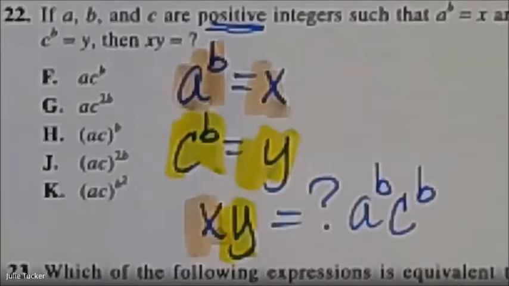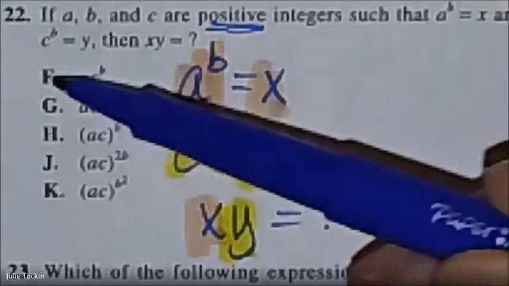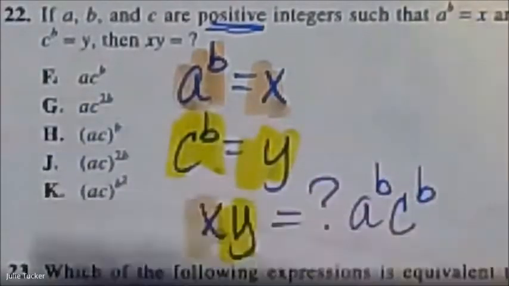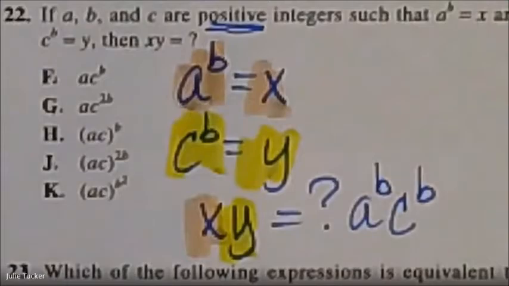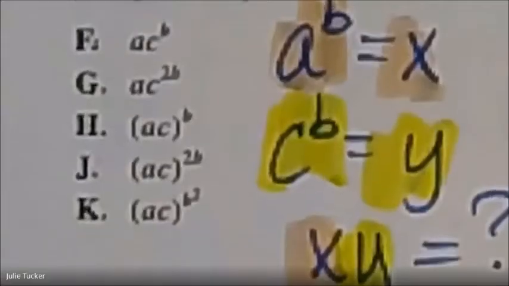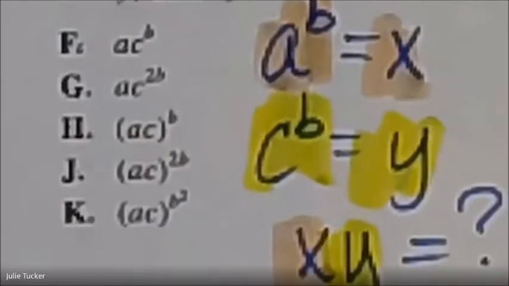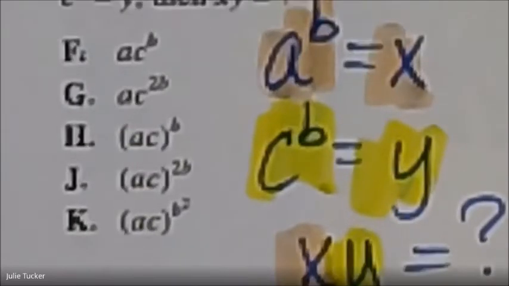B. Did you say B? The letters are F, G, H, J, K. Well, I know you don't like those, but when you take the ACT, they're going to give you those letters. They do it that way.